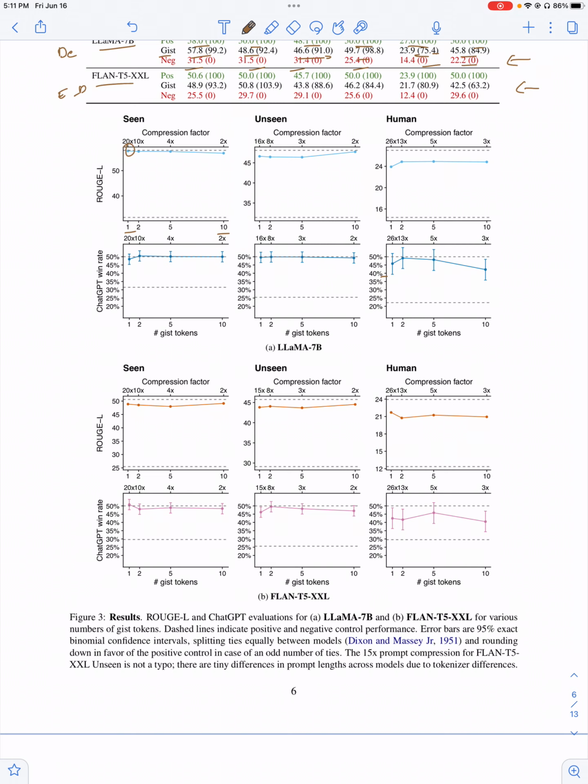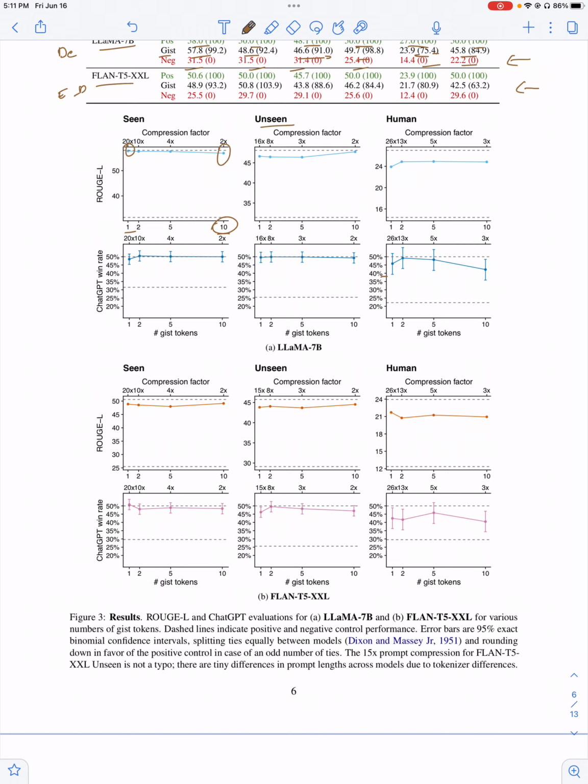You can almost get a Rouge score similar to having prompts without any gist tokens. And having a lot of gist tokens, like 10 of them, sometimes seems to hurt the performance. So having a lower number is better. And this is on the seen prompts, right? Maybe it sort of overfits at this point.